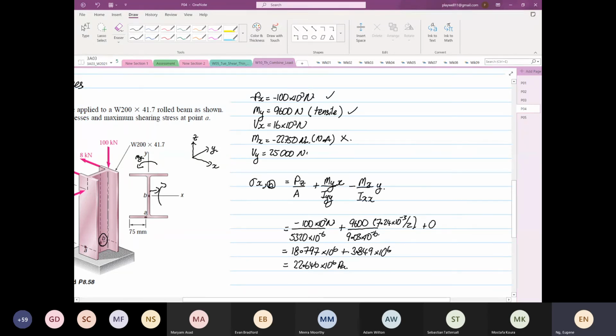Is the 18 not negative? The 18.797, yes. No, it's positive. You're talking about this one, right? Yeah, never mind. It's negative. Cole, you owe me an orange juice. But it's negative 100,000.